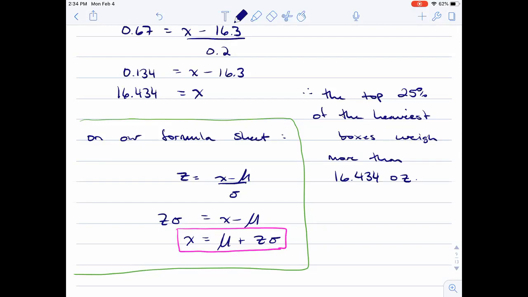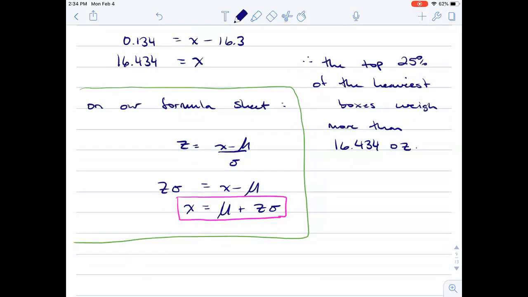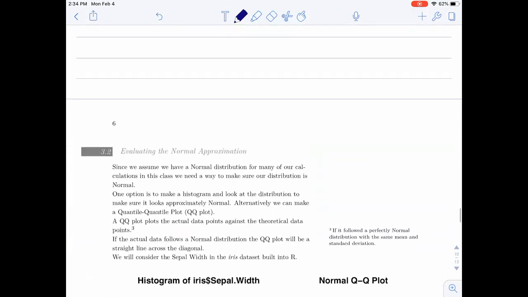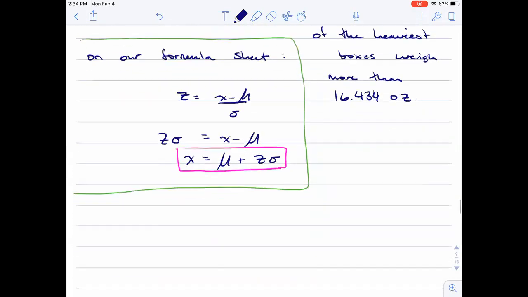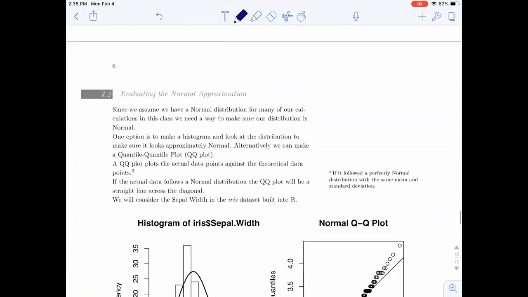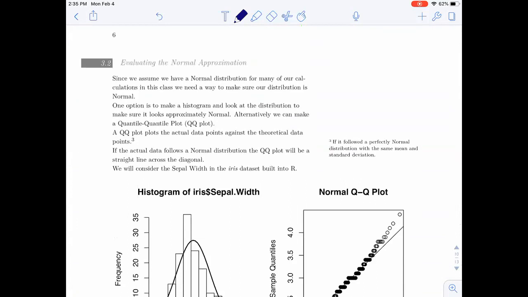Okay. So what we're going to do, we're going to get into, oh, and I have the R commands for solving these on the sides there. That's just if you're curious, if you want to see what R does, but we won't go into them here. Section 3.2 is just really brief about QQ plots.